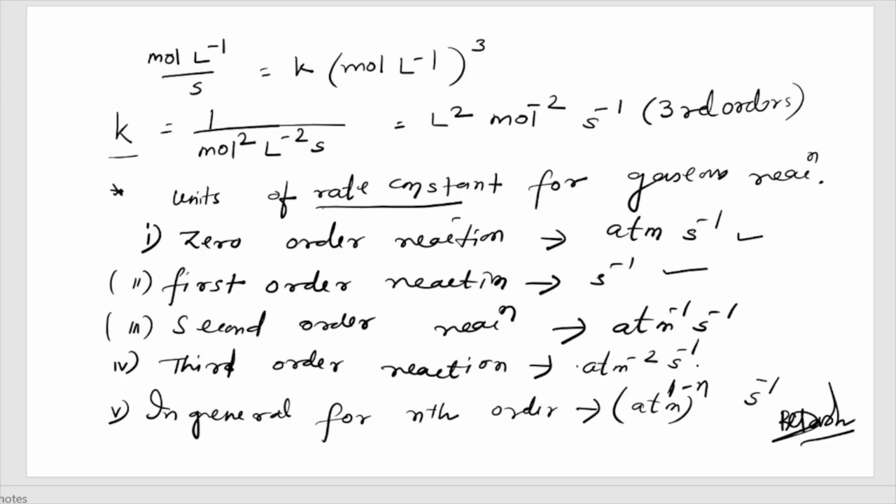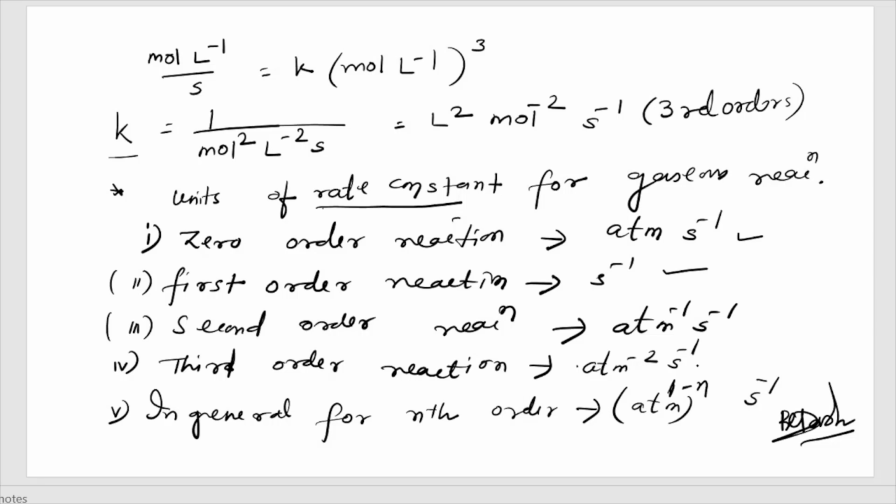Rotation, one is R0, RT, R infinity. After 24 hours, if the reaction proceeds, this is R infinity. If at a particular time, that is RT, and before starting, that is R0.